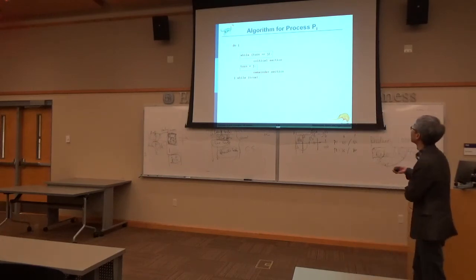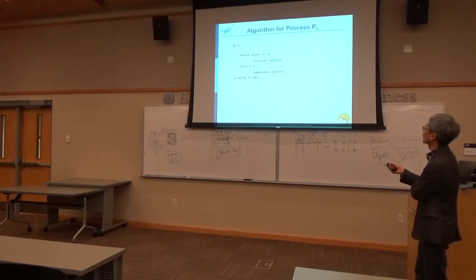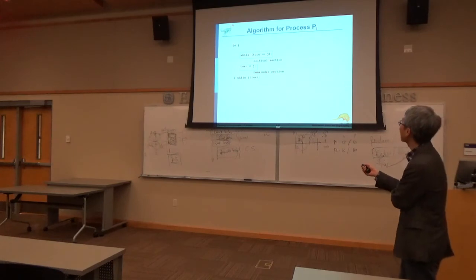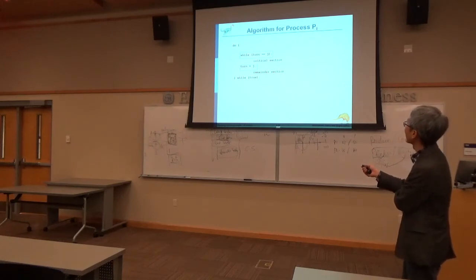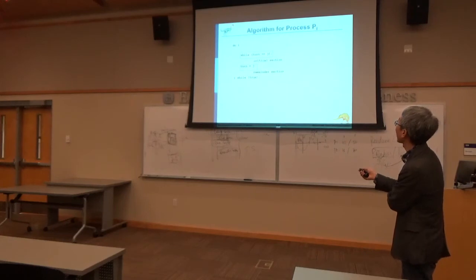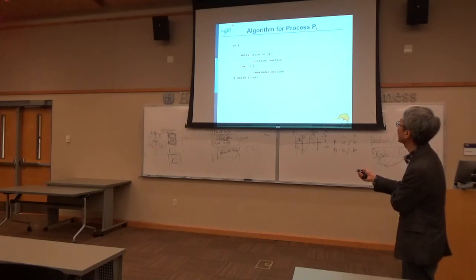This part is not really the simple case. So this is the user code, accessing the critical section, which means the shared data, and the other code. If the operating system recognizes that this process i is accessing this shared data, it adds this entry section code: while turn is equal to j.